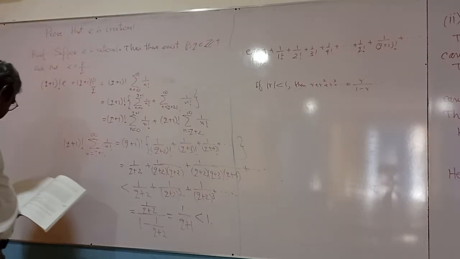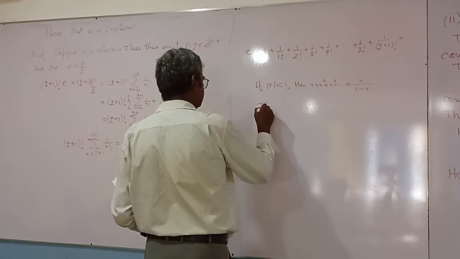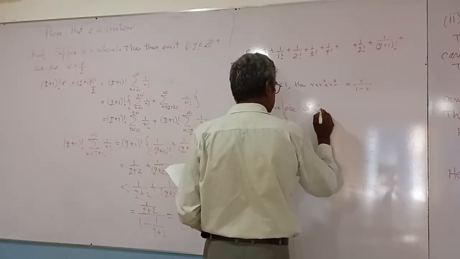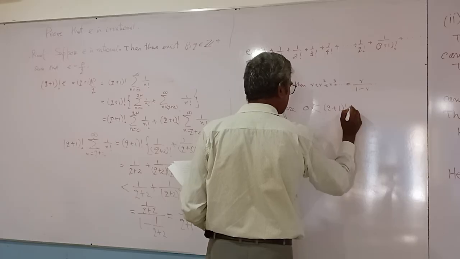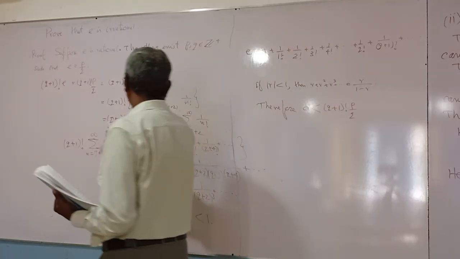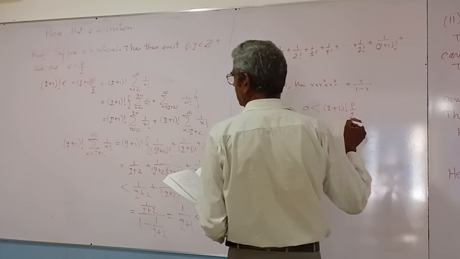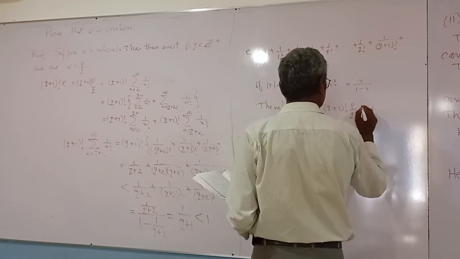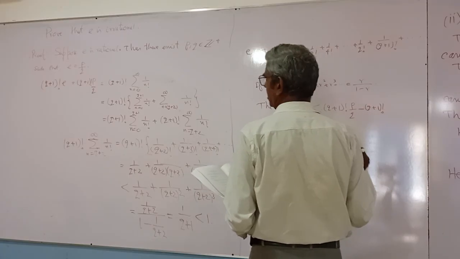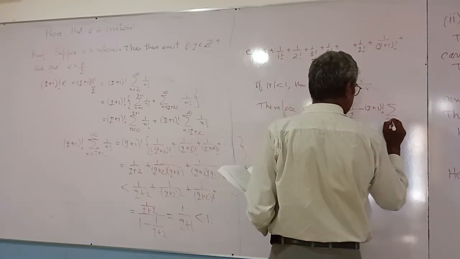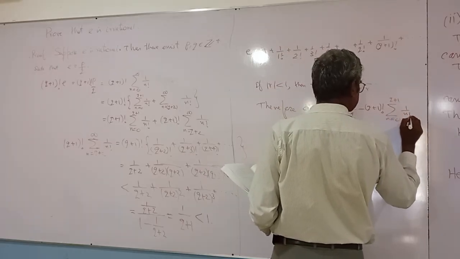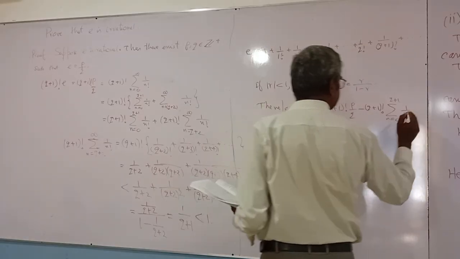Now what do I have? Therefore, 0 is strictly less than q plus 1 factorial times p over q, minus q plus 1 factorial times the sum n going 0 up to q plus 1 of 1 over n factorial, and this is strictly less than 1.